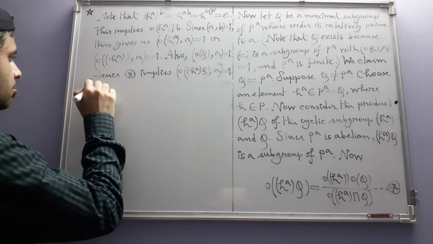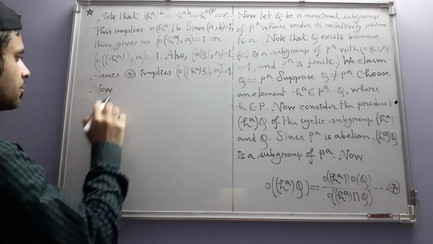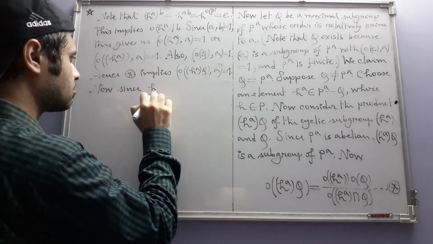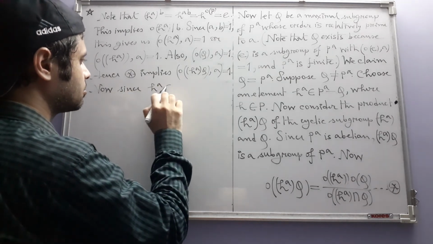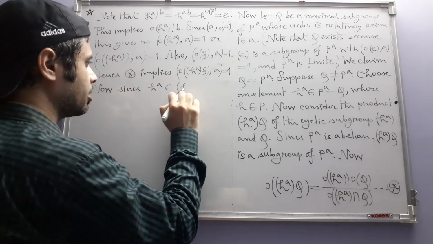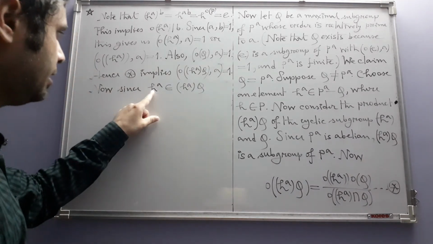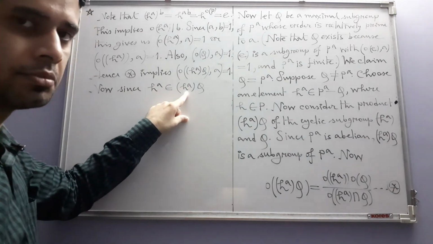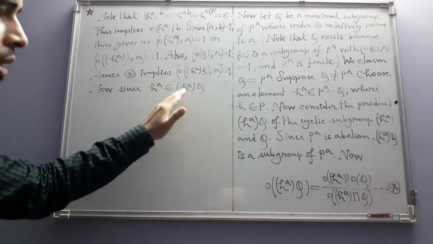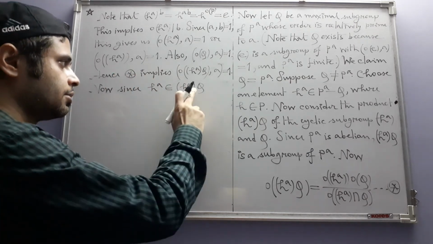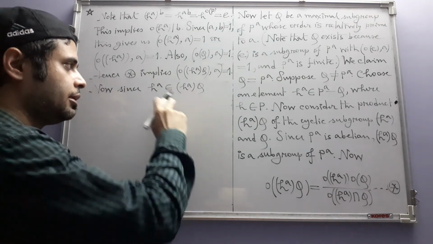Now, since HA belongs to this product, how? HA belongs to the cyclic subgroup because it's the generator of the subgroup, so it will itself belong to the cyclic subgroup, which is contained in this product.